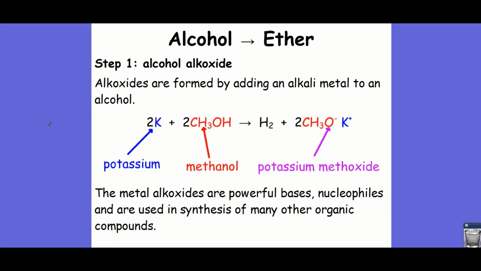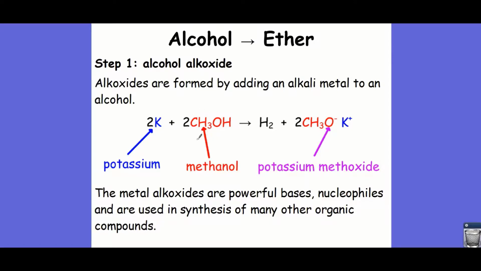So a further reaction of alcohols is in the formation of ethers, and we can form an ether from an alcohol in two steps. We first of all have to form an alkoxide, which was mentioned last week very briefly. And we do that simply by adding an alkali metal, either sodium or potassium, to an alcohol.